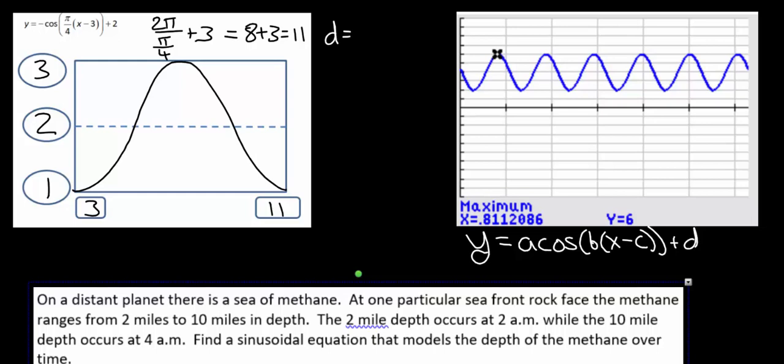So it looks like that's going to be 2 plus 6 divided by 2. I just got that right off the graph, just looking at it. And that's going to be 4. 8 divided by 2 is 4.